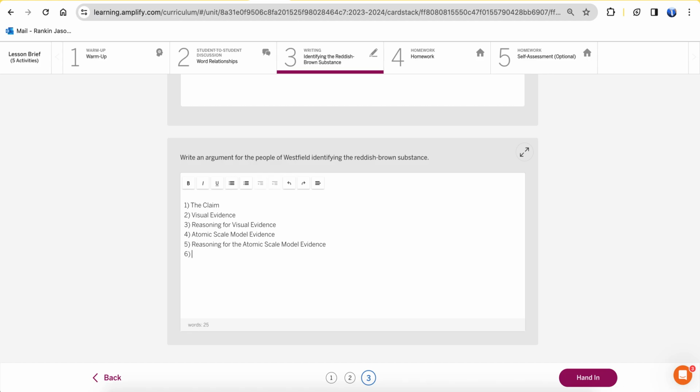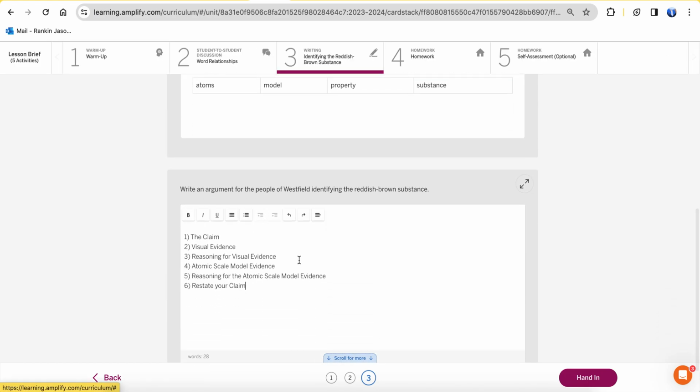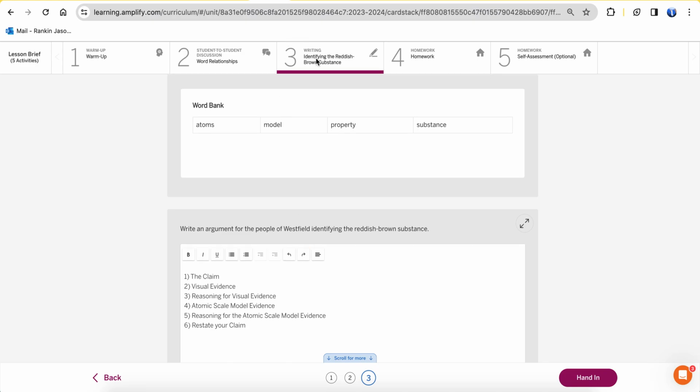And number 6, restate your claim. That's going to be your goal, to finish up this argument during class time. And that's on activity 3, page number 3.